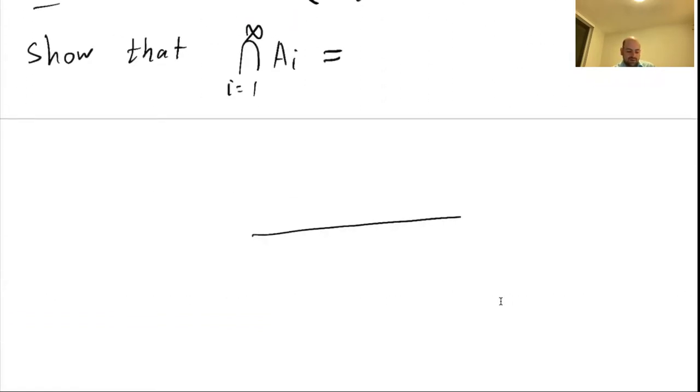Let's look at the real line again. This is 0. This is, let's say, 1. This is 1/2. So this is 1/3 and so on.